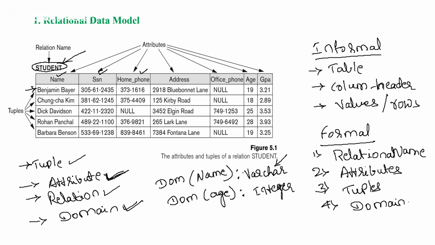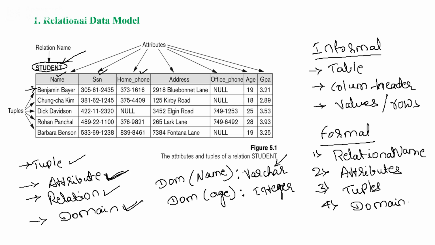That gives the clear picture about the domain. This is about the definition of the domain. Once again I will repeat the definition: the data type describing the type of values that can appear in each column is called a domain.